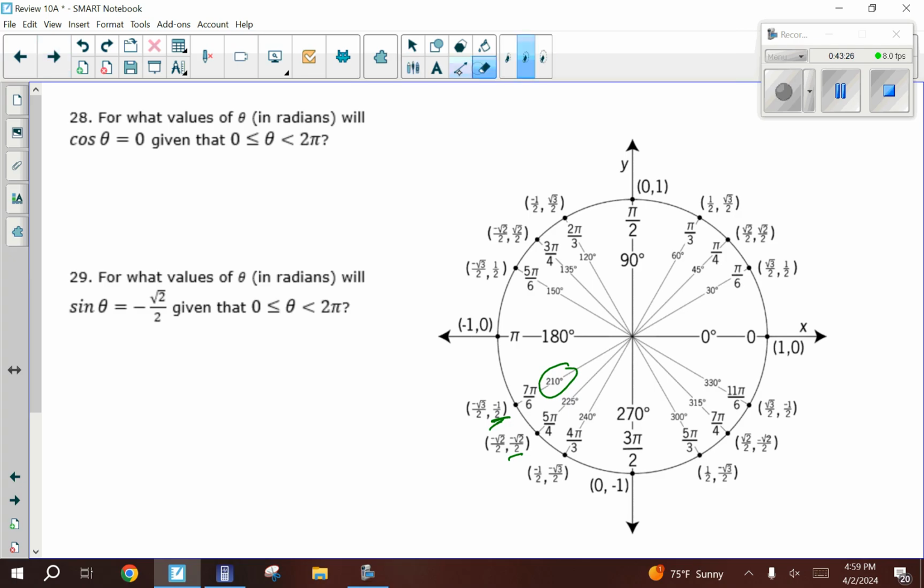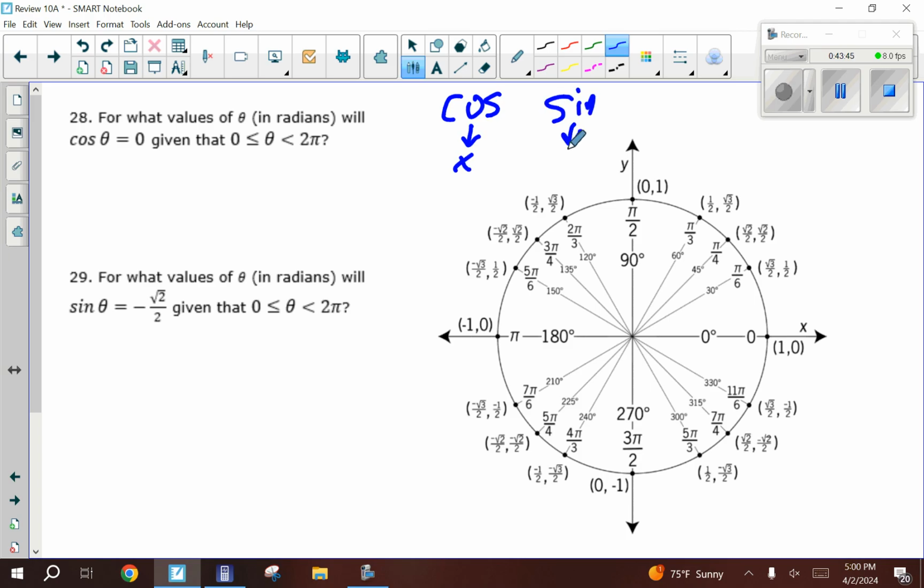Okay, so this one is asking us for what value of pi. So that basically means where. Where in radians does the cosine equal 0? So remember, cosine is the same as x, and sine is the same as y.